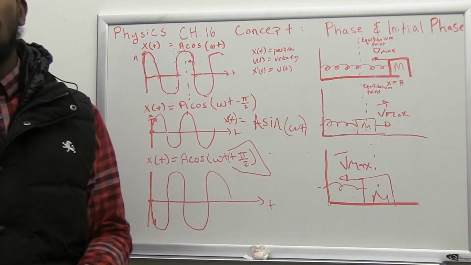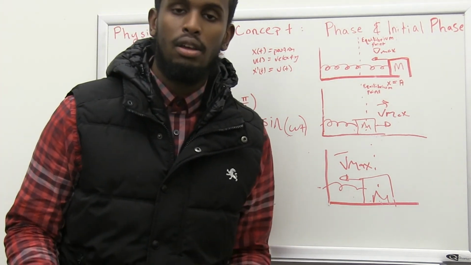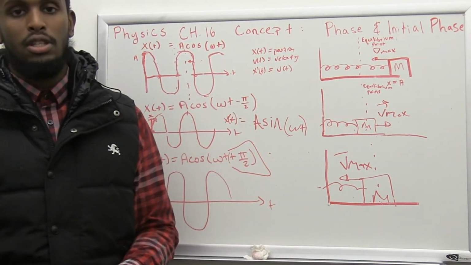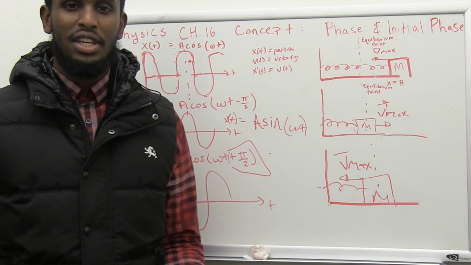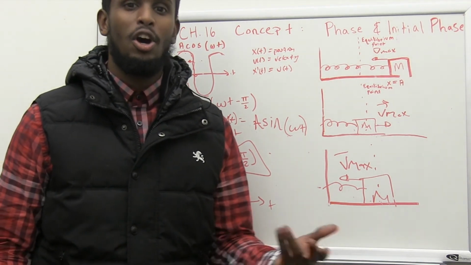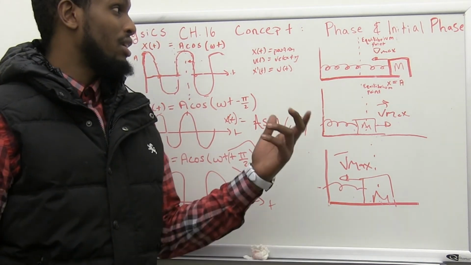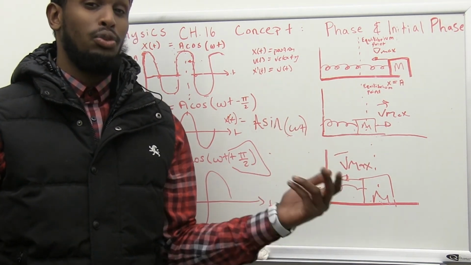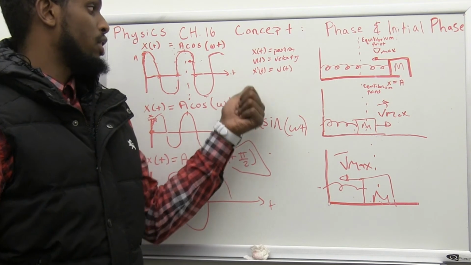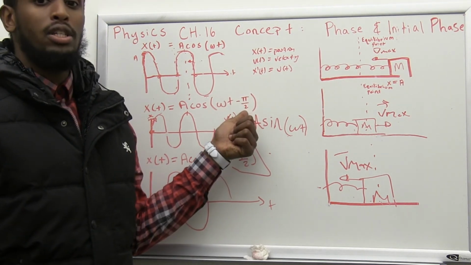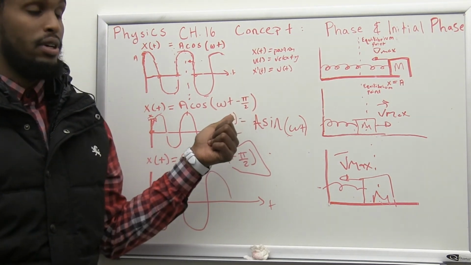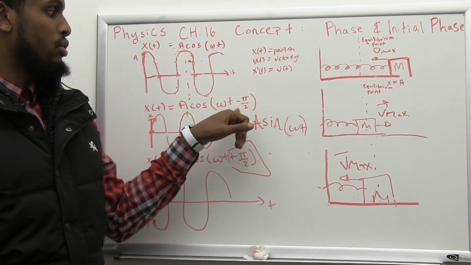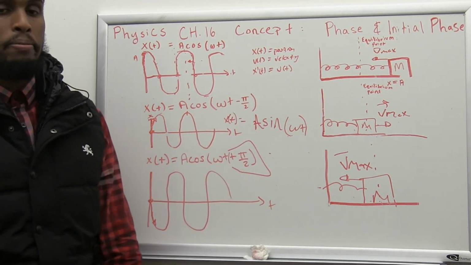So if they tell you what's phi, phi is the initial phase, and they say, okay, what is the phase? If they ask generically what is the phase, it is the argument of the cosine function. So the phase is the argument of the cosine function, and phi is the initial phase. And if they ask you what's phi, they're going to look for an initial phase, and it's usually added to the angular frequency times time.